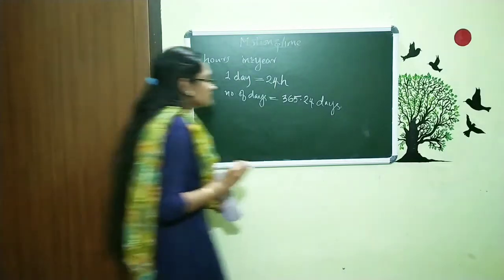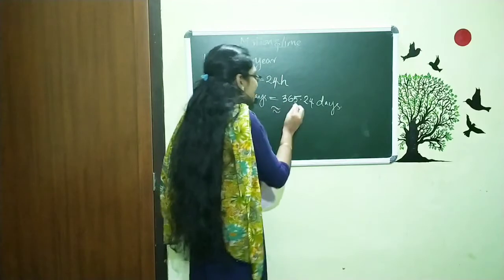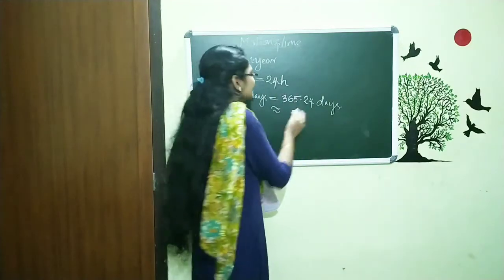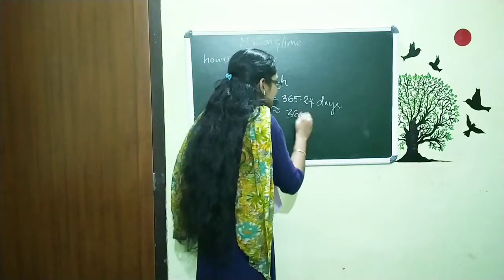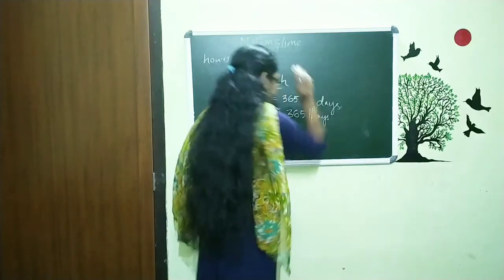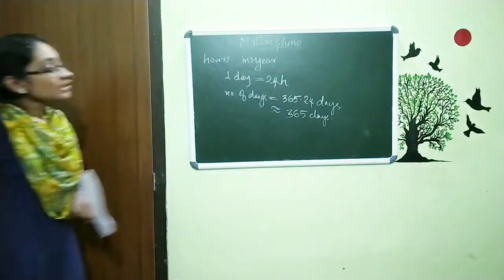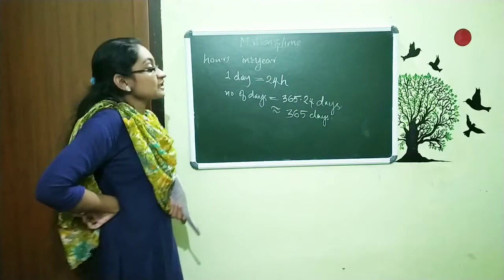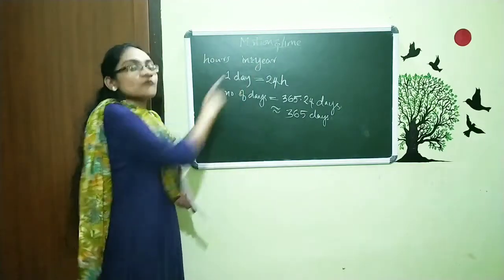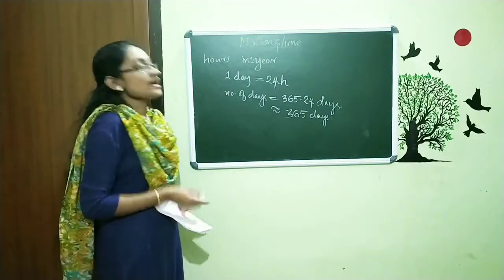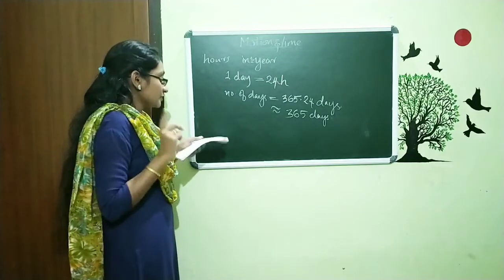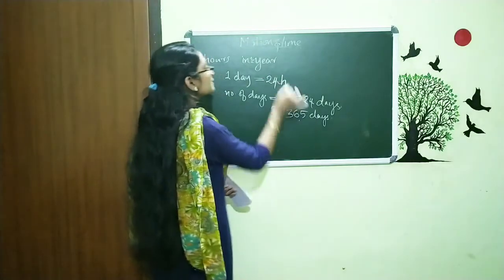Now for this problem I am just taking this approximately, rounding it and taking it as 365 days. So now what do we do? We want to find the total number of hours present in 1 year. Then what we do, as in the previous question, we want to multiply this with this.